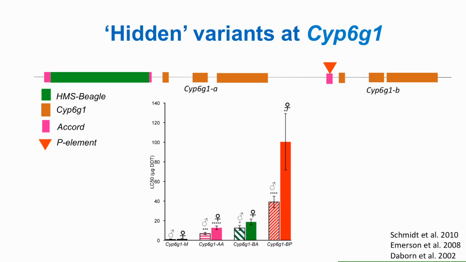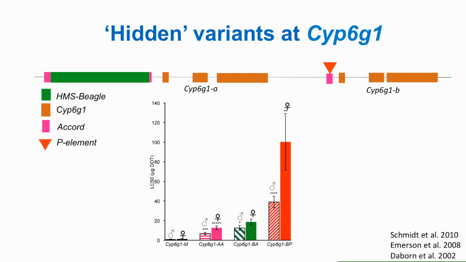First, with the duplication and the Accord element, you increase the DDT resistance by approximately 7-fold. Then you add this crazy incident: HMS Beagle, an 8 kb TE that inserts inside the Accord element on the proximal copy, and you increase the DDT resistance a little more. Then you have a final allele with a P element insertion in the distal Accord element, and that spikes the DDT resistance to a really, really high value.